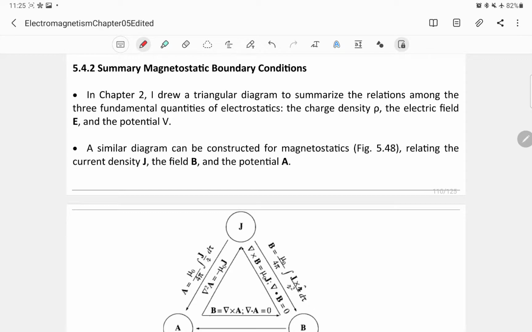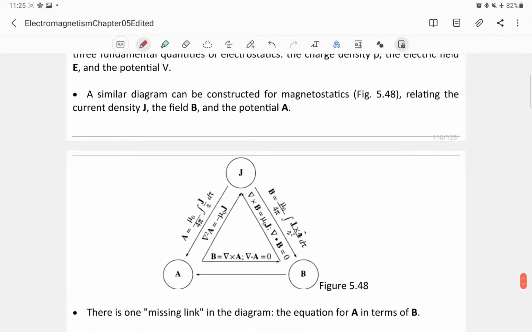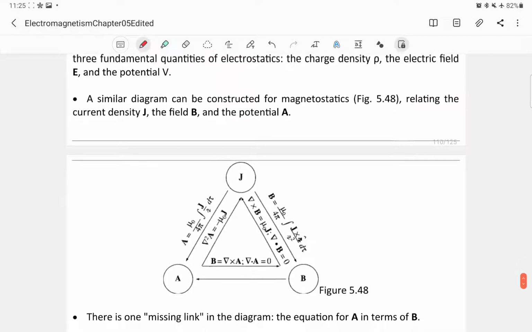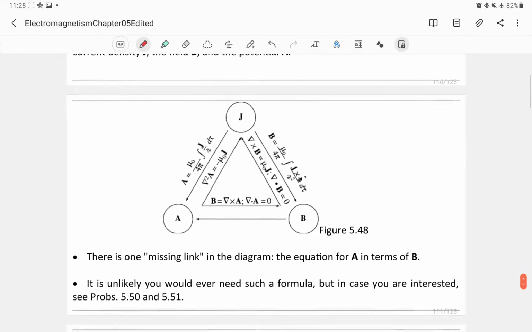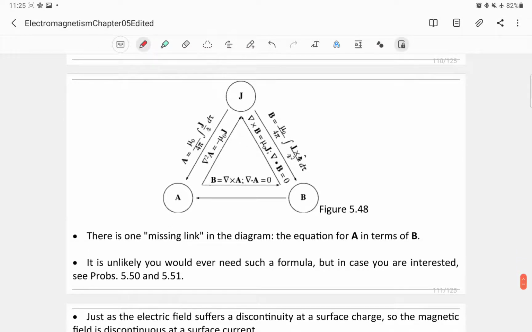So we summarize magnetostatics, and then we will also discuss the boundary conditions for magnetic fields. In similar fashion as in electrostatics, we have this triangular relation between magnetic field, vector potential, and current density. So this is how you calculate the magnetic field given the current density J, and this is the integral form.